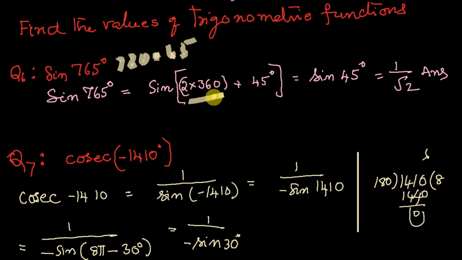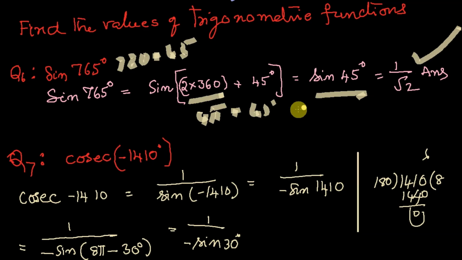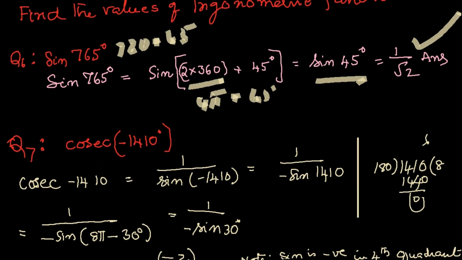That is 2 into 2 pi, 4 pi plus 45. That is sin 45, and sin 45 is 1 by root 2. That is the answer. We are splitting 765 into 2 pi's: 2 times 2 pi plus 45.